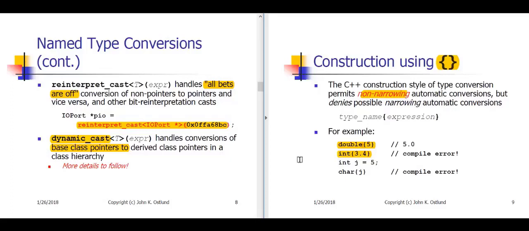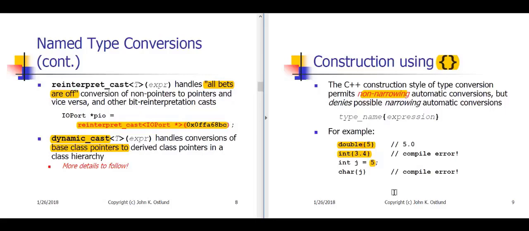So in other words, the curly braces can be used to perform guaranteed value preserving conversions. That is, from little types up to bigger types, not from bigger types down to little types. In this final example, you might argue, well, 5 stored in an int can fit into a char perfectly fine, but the curly brace type conversion does not consider the current value of j.